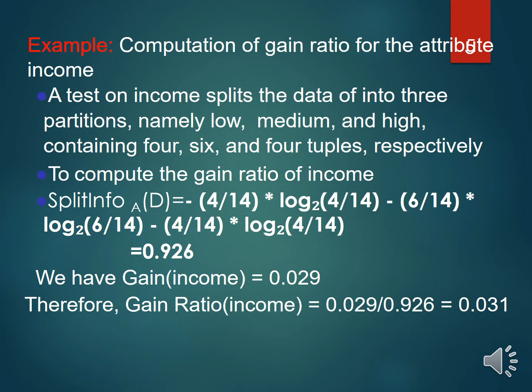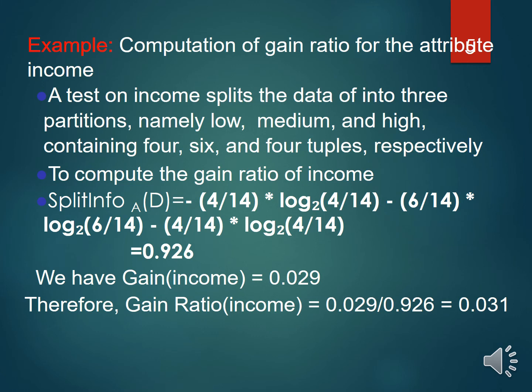To compute the gain ratio for income, we first find the split information, which is equal to minus 4 by 14 into log base 2 of 4 by 14, where 4 is the number of tuples having the specified value low and 14 is the total number of tuples, minus 6 by 14, the number of tuples for medium, into log base 2 of 6 by 14, minus the tuples for the high value, 4 by 14 into log base 2 of 4 by 14, which is equal to 0.926.